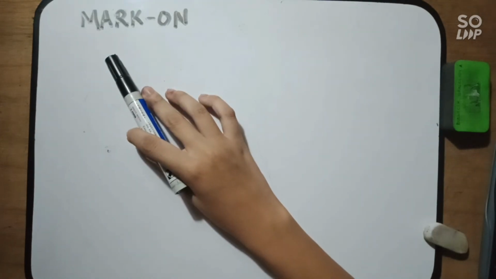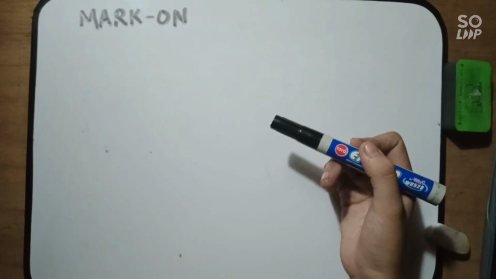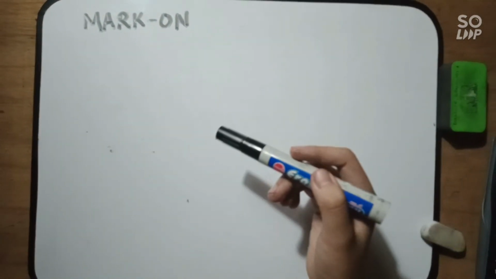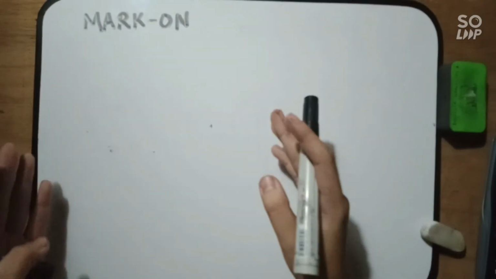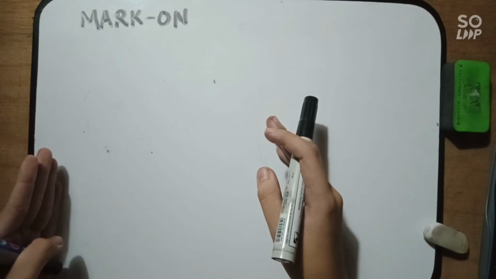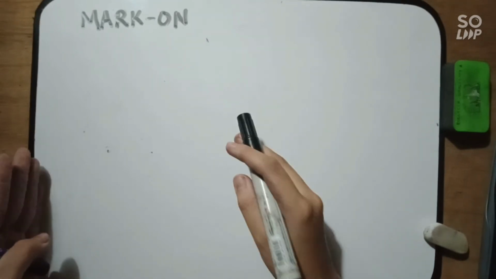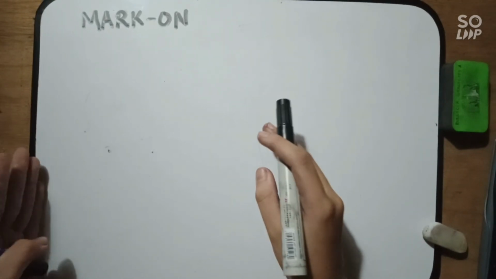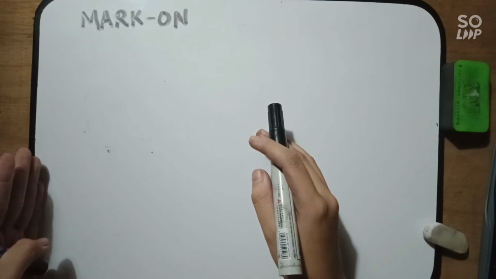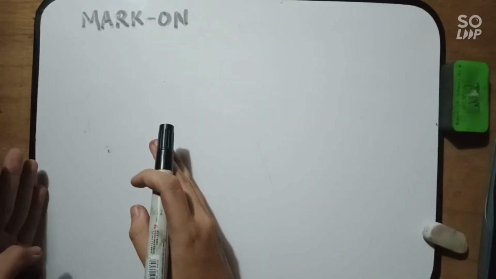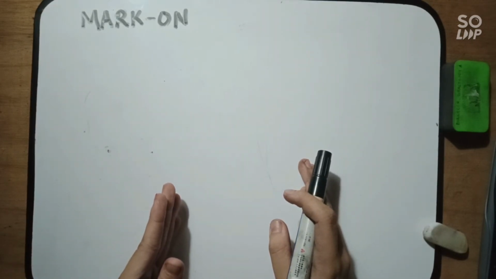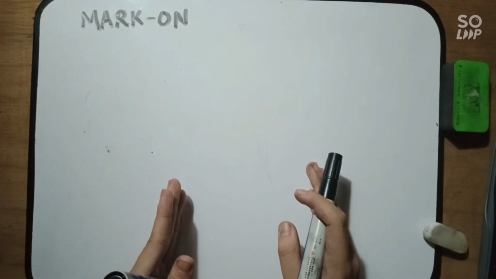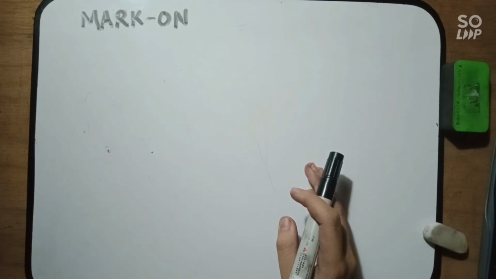So mark-on is any amount of money added to the cost to arrive at a new selling price. So when a company sells something, it already has a markup. So when creating a mark-on, aside from markup, it adds another value for another selling price or peak selling price, which is what we call the mark-on.